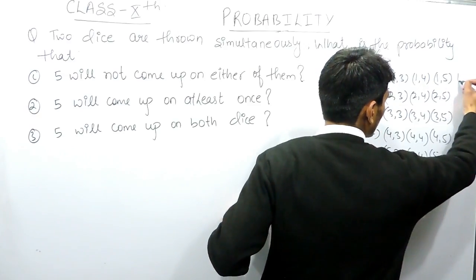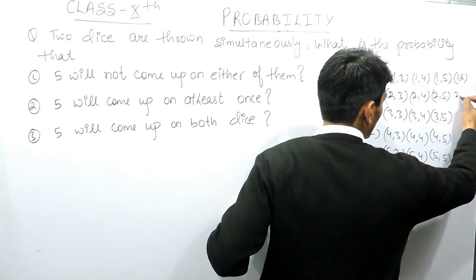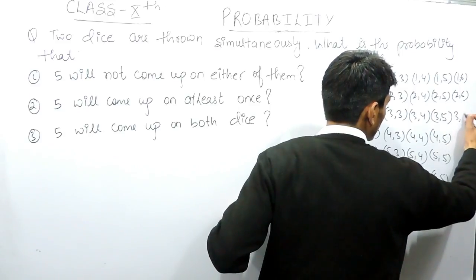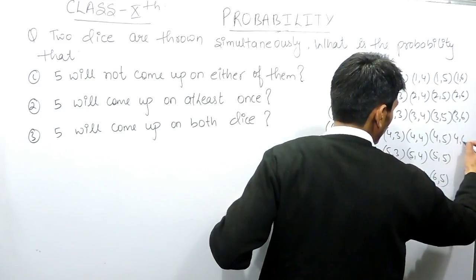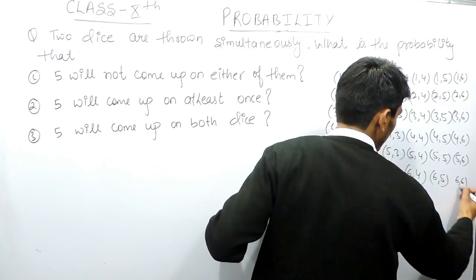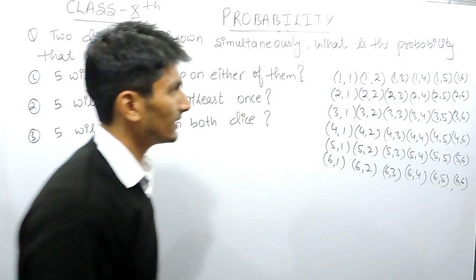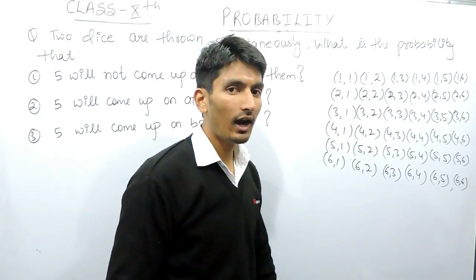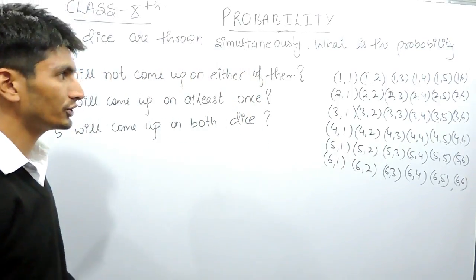And in the last, 1 and 6, 2 and 6, 3 and 6, 4 and 6, 5 and 6, and 6 and 6. These are the 36 possible outcomes for this question.